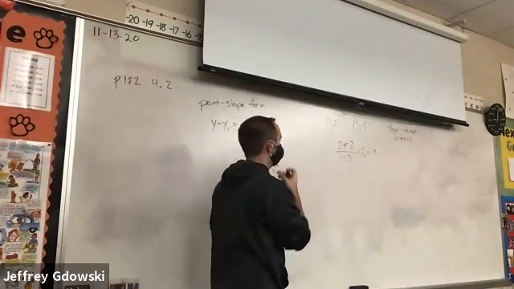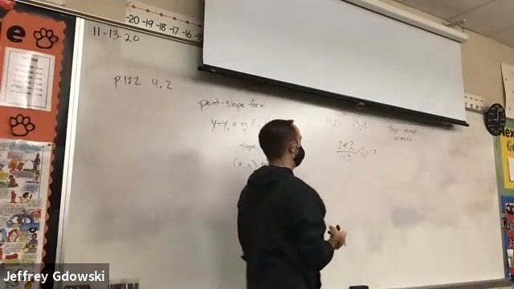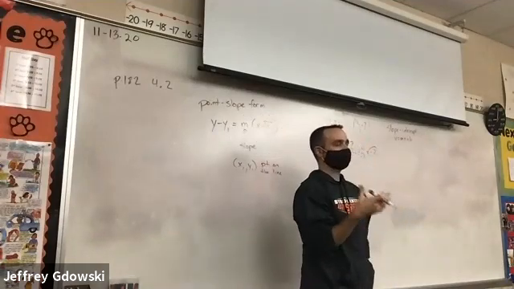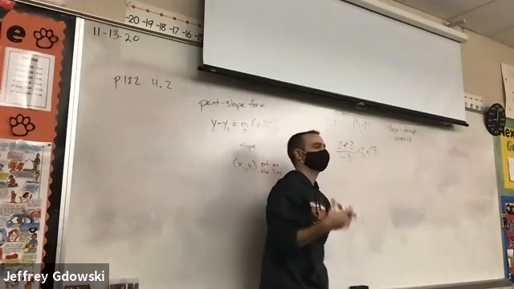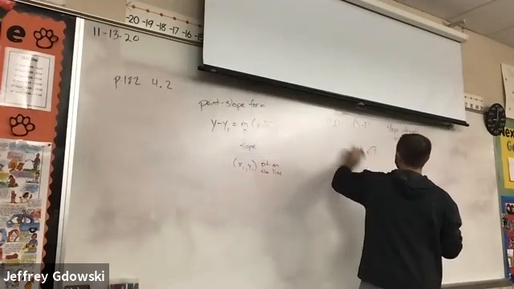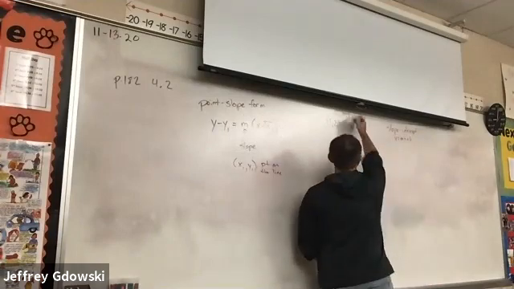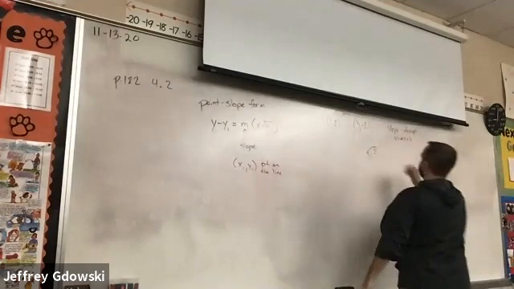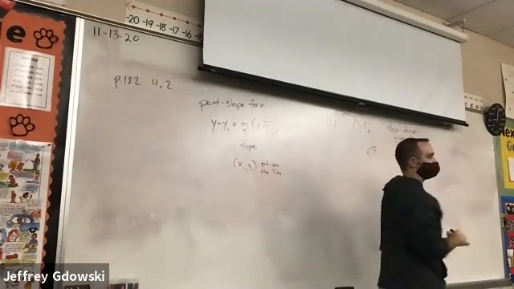Slope of -2. Great. So now what we're going to do is take the slope and 1 point and put it into point slope form. Okay, here's what I want you to do. This half of the room, I want you to plug in this point with that slope.